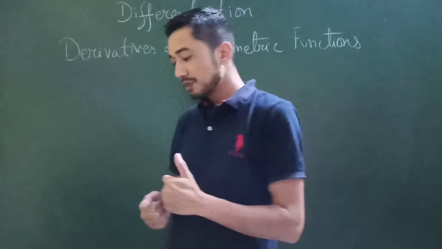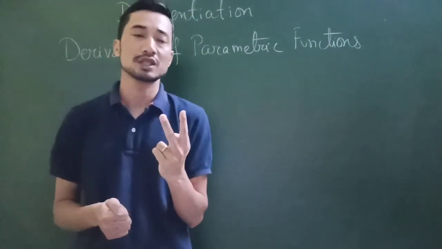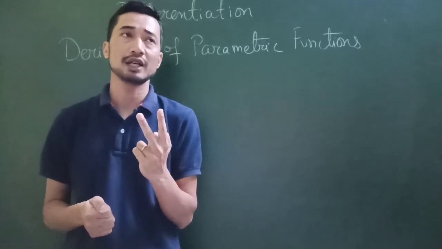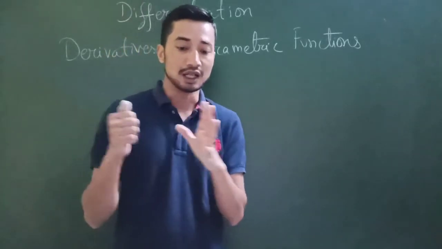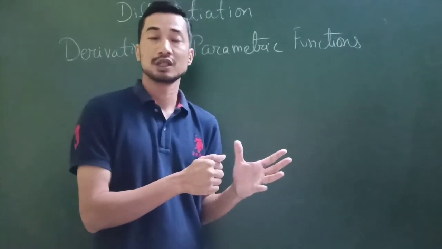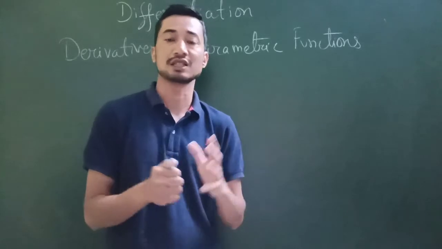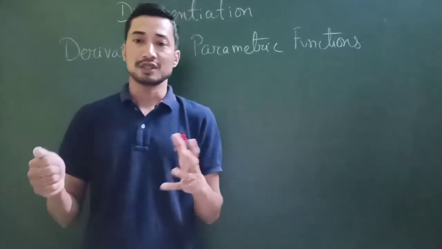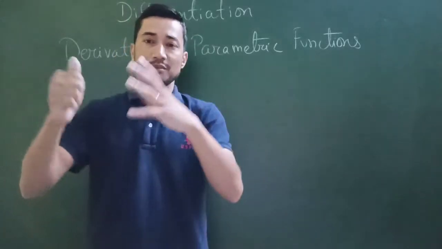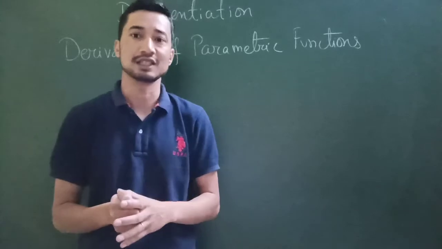Sometimes you come across two functions, and both of these functions are represented by another variable, like cousins, relatives, but not directly. Cousins have different parents, but the parents are linked, so you become cousins. That's almost like a family, isn't it?